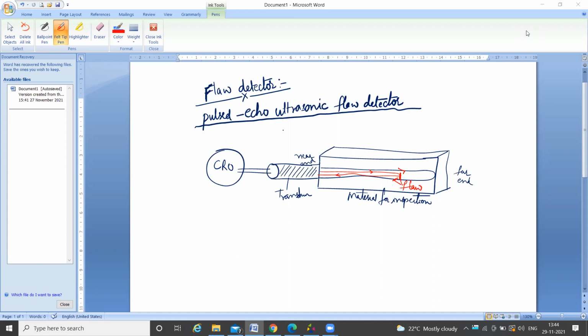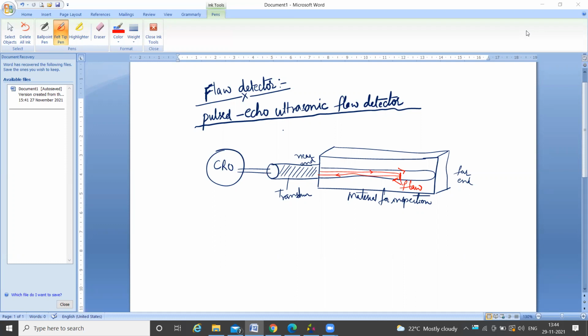It uses low frequencies for inspection of coarse grain materials such as cast iron, plastic goods, porcelain, concrete, and timbers, etc. Whether these materials have any flaws or not can be determined with the help of ultrasonic waves.